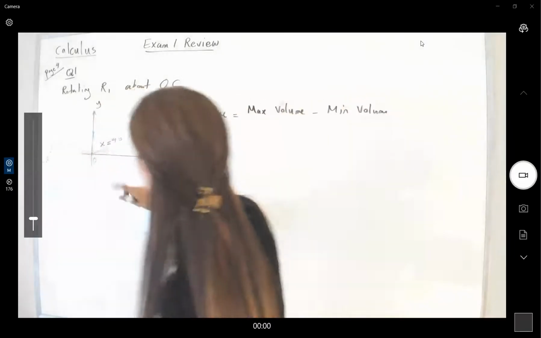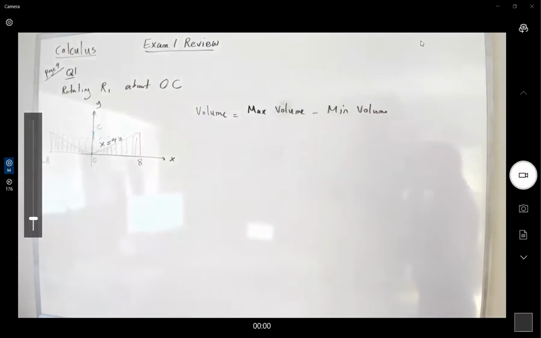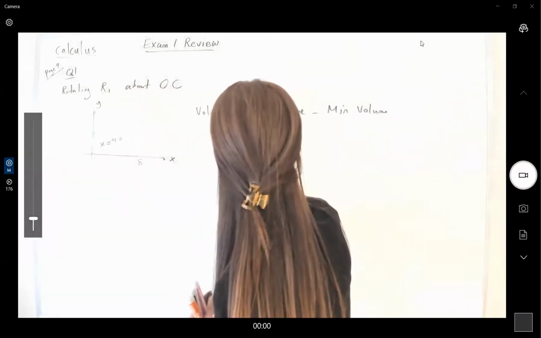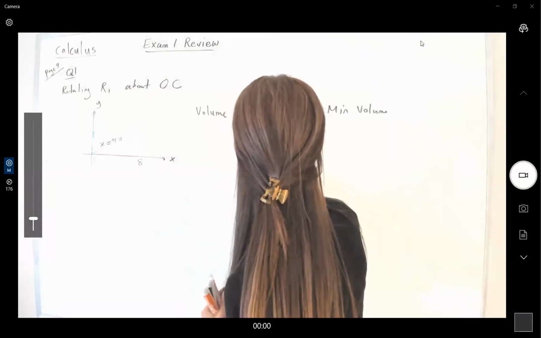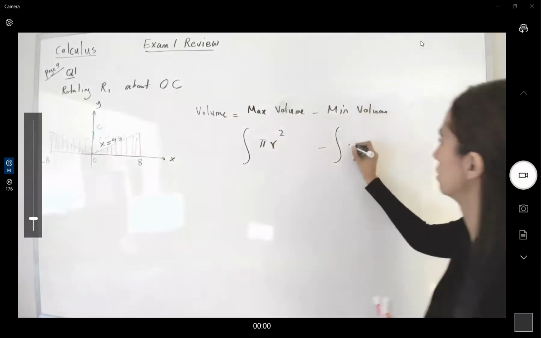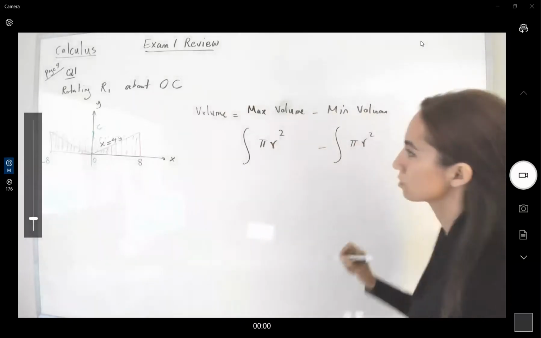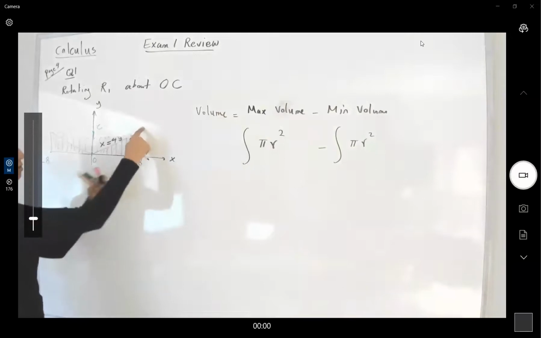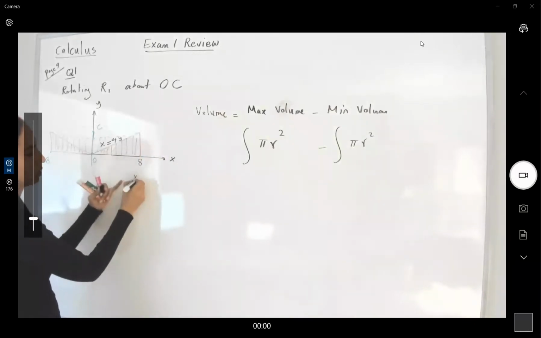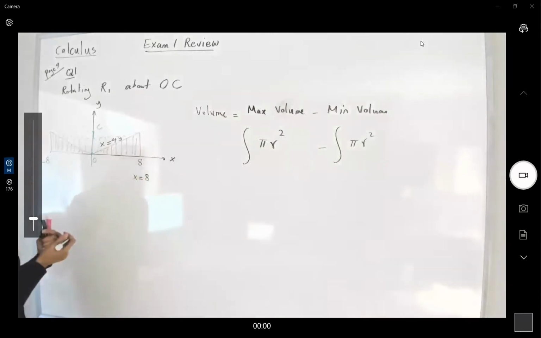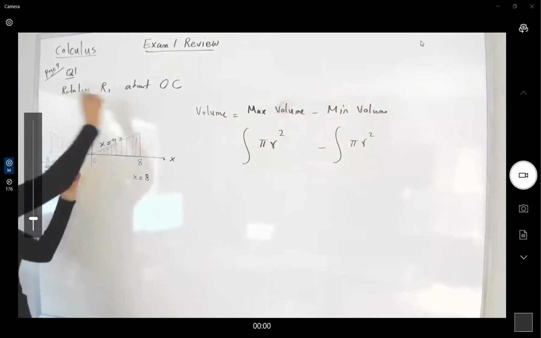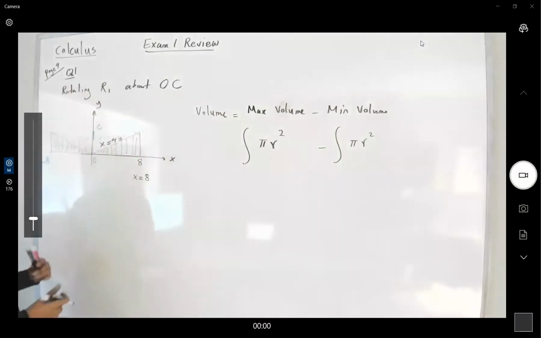The cross section of this object is pi r squared, so this is the integral of pi r squared minus the integral of the minimum volume pi r squared. The maximum volume is related to x equals 8, and the minimum volume is related to x equals 4y as you rotate this.